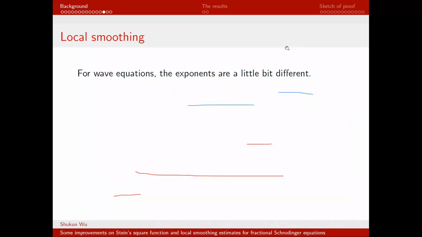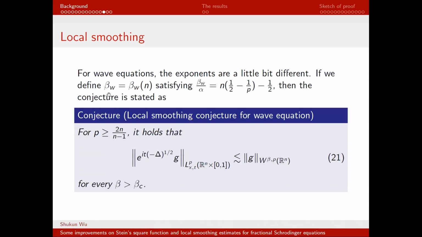Okay, for the wave equation, the exponents are a little bit different. If we define beta W as some number satisfying this equation, then the local smoothing conjecture for the wave equation is the following. There are two differences. The first one is that this exponent is bigger.